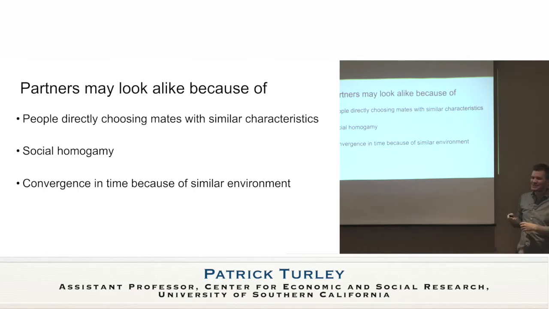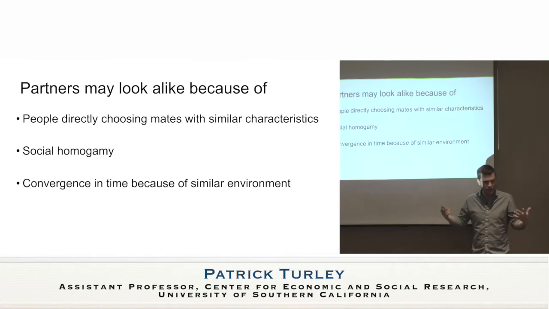This one here is about convergence over time. So this isn't about assortative mating at all, right? The example here is like for BMI. You might imagine that if you have a couple, BMI is highly correlated between spouses in general. But that may not be because they had very similar BMI when they met.